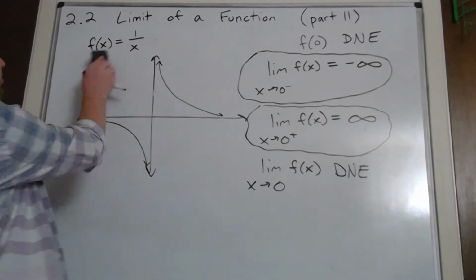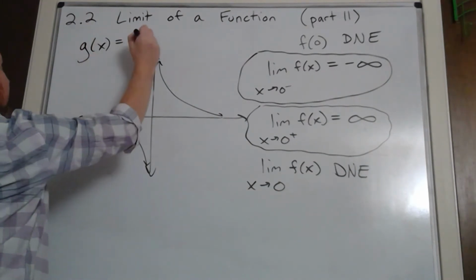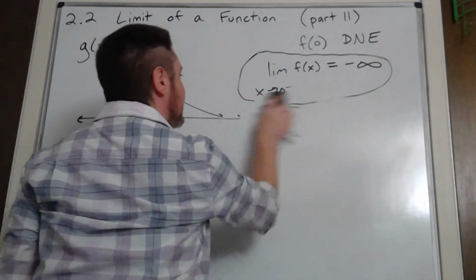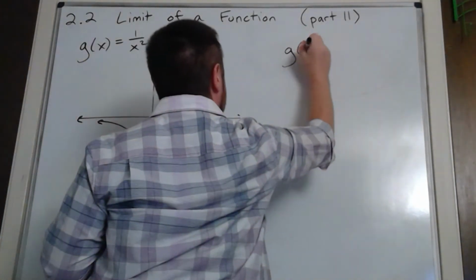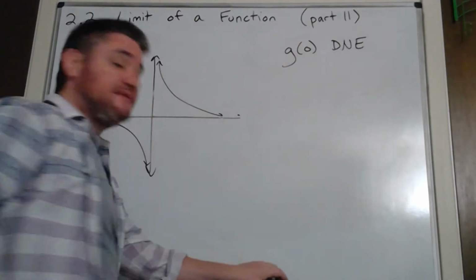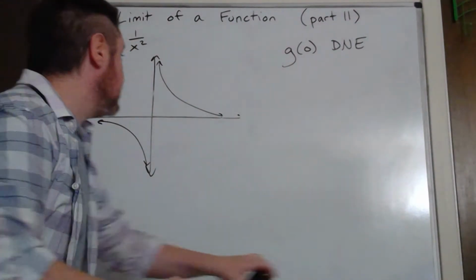Let me just change it over here and look back to the example g. So what if I do x squared? How's that going to change things here? First of all, just for clarity, we'll still mention that g of 0 does not exist, so there's still no y-intercept for this function.